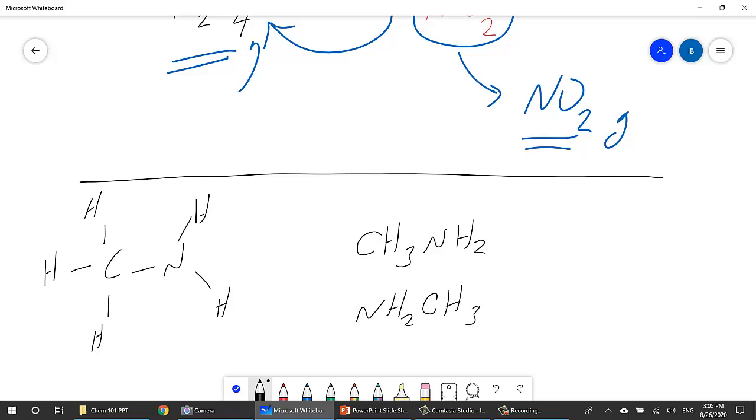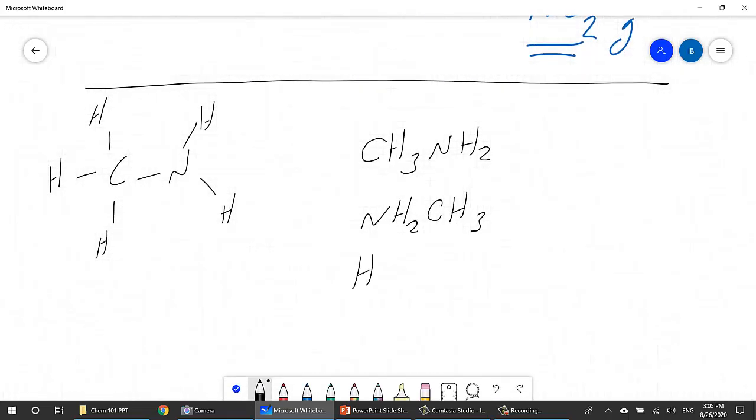Of course, you can write H3C, and then N, and then H2. There are different ways of writing this, but usually we arrange the elements as shown in the periodic table, so carbon first, and then nitrogen. Also, this shows you that there are 3 hydrogens connected to carbon, 2 hydrogens connected to nitrogen, so that would be the correct formula, okay? That's not very incorrect, but there are some rules to write organic molecules, and that would be the most correct one.